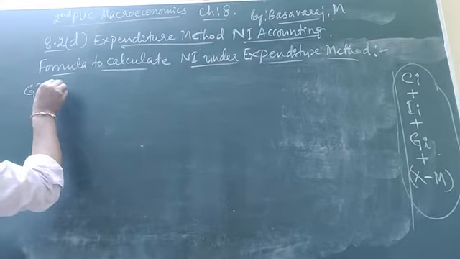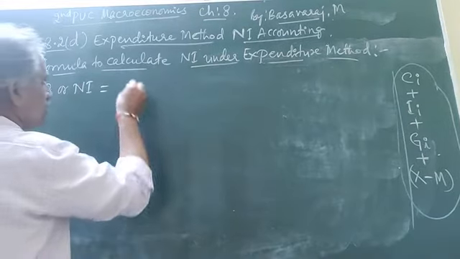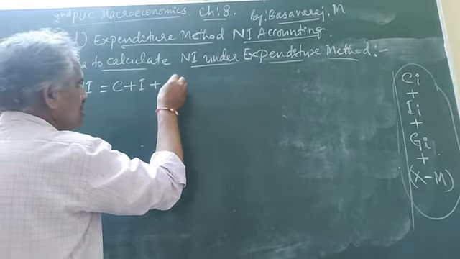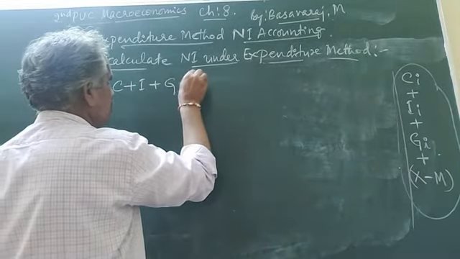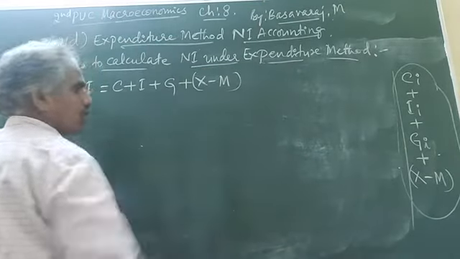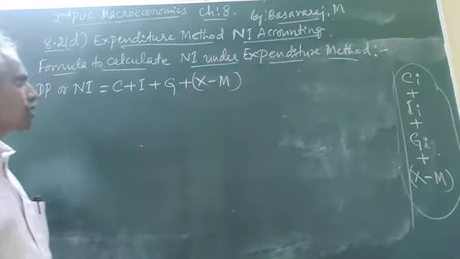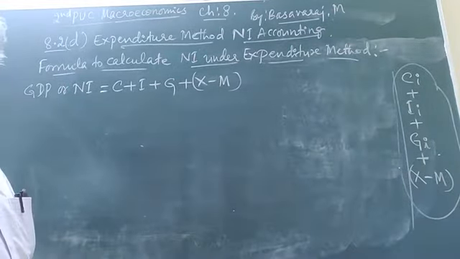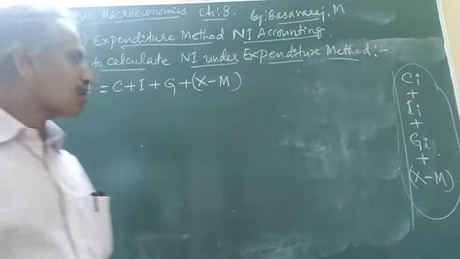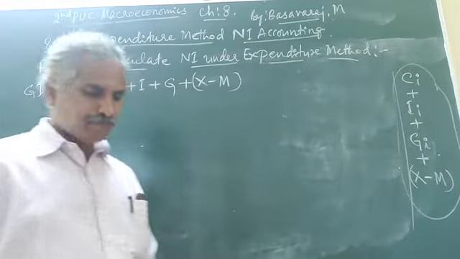GDP, national income equals C plus I plus G plus X minus M is the formula to calculate national income accounting. National income accounting, that is GDP or national income.